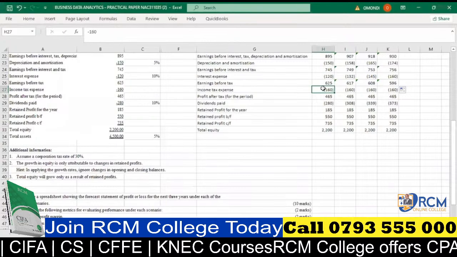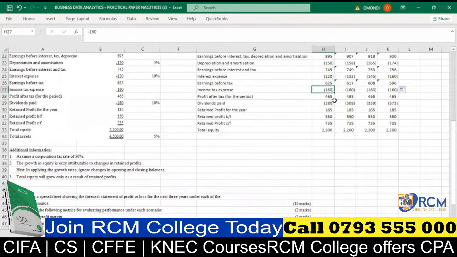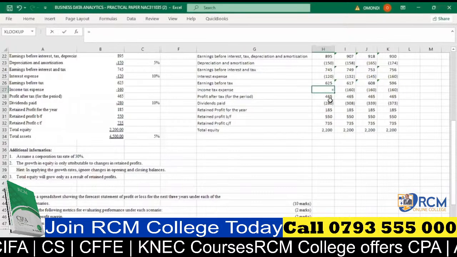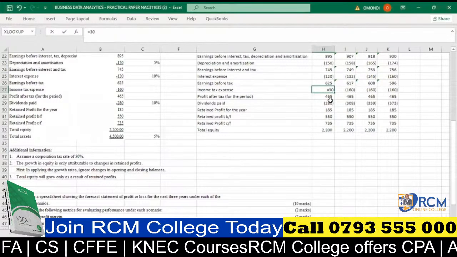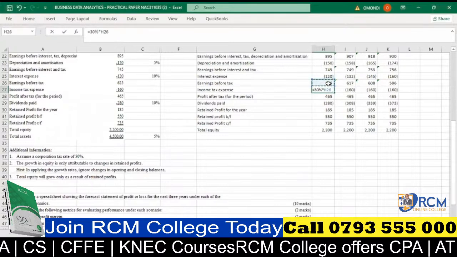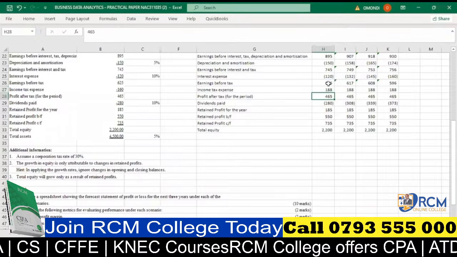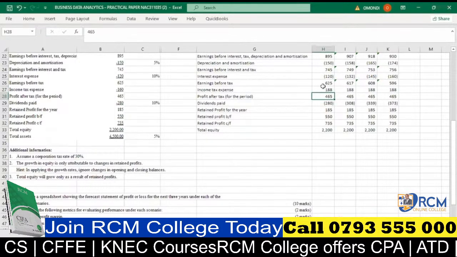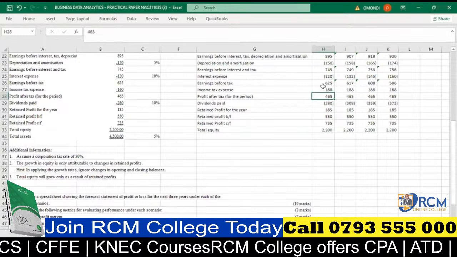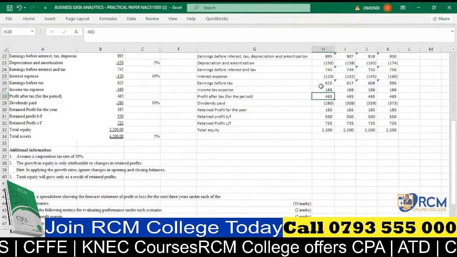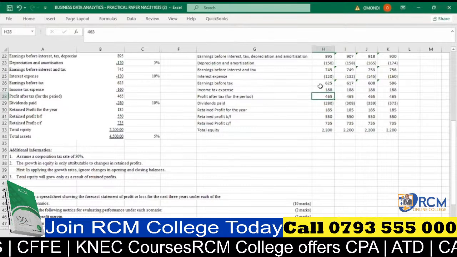So we are going to have 30% of this. 30% of, which one do we have there?